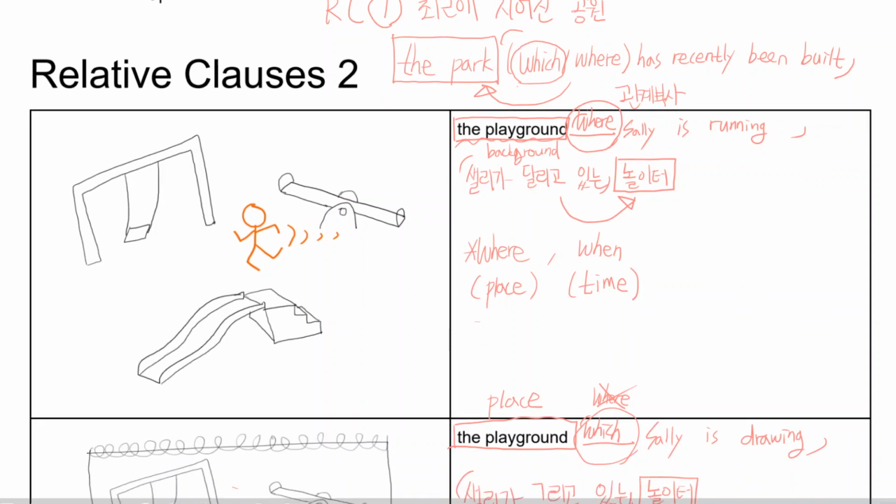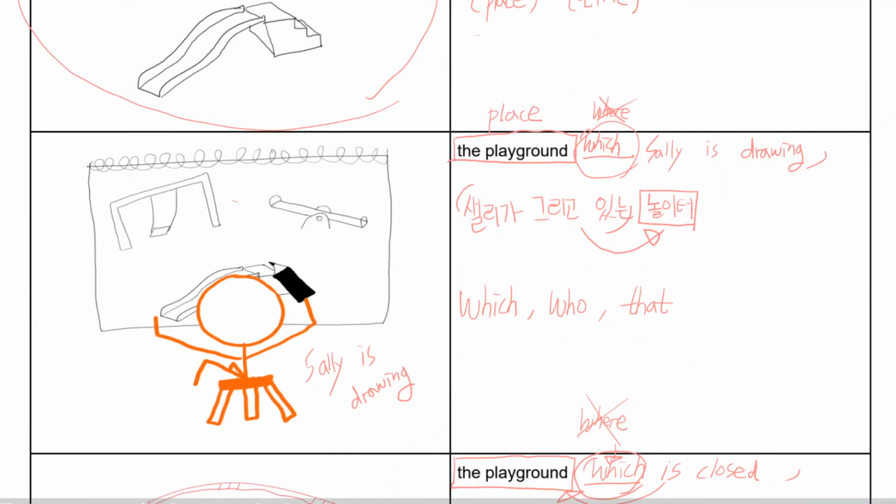So 관계부사 happens in this type of situation, right? The person should be in the situation. And this type is called 목적격, right? 목적격.